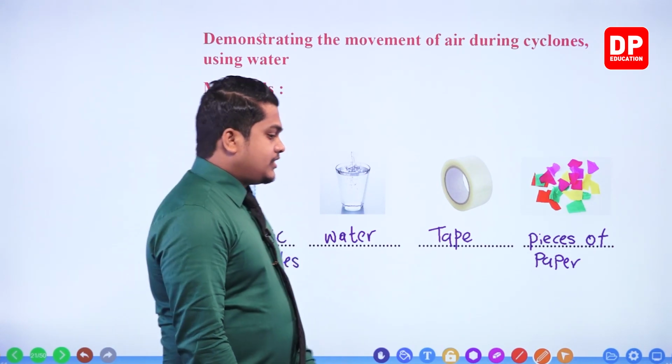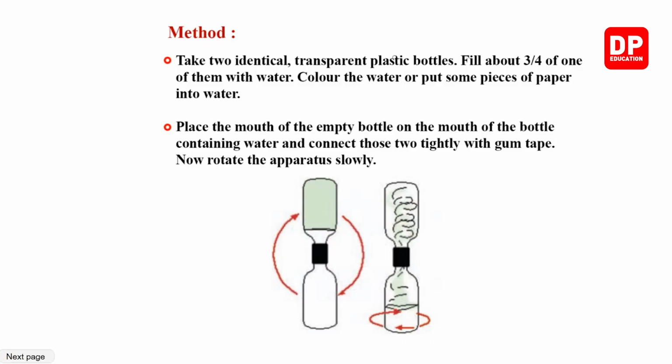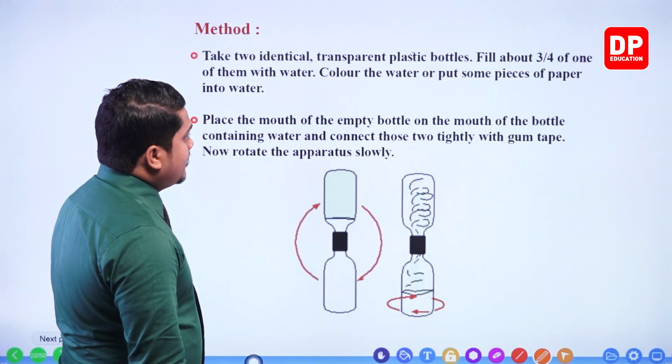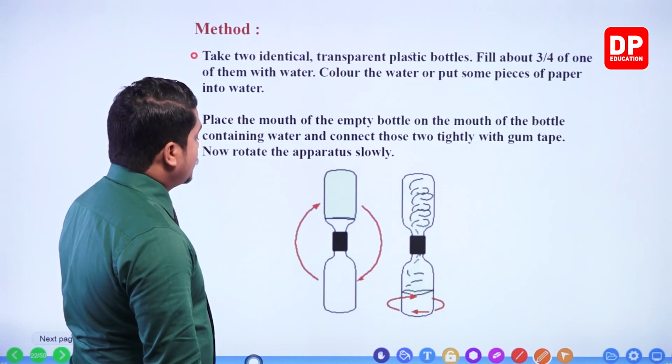Now let's see how to carry out the activity. Take two identical transparent plastic bottles. Fill about three-fourths of one of them with water. Color the water or put some pieces of paper into it.